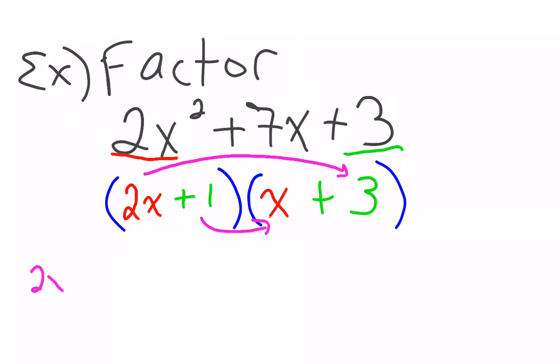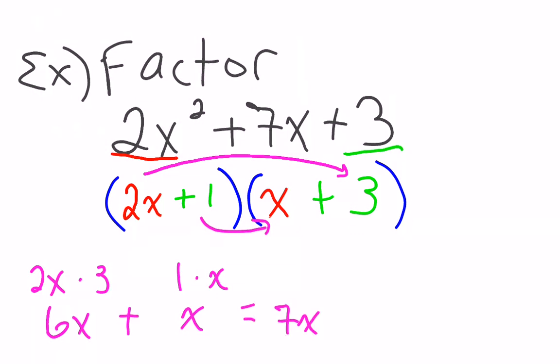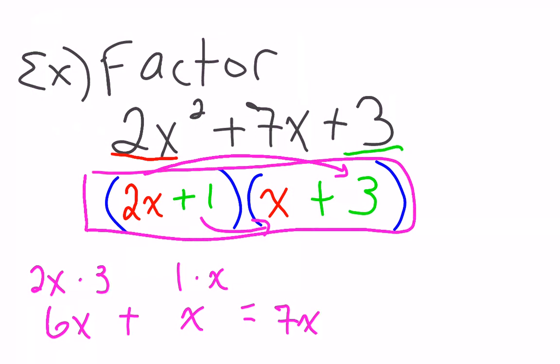So we have 2x times 3, and we have 1 times x. 2x times 3 is 6x. 1 times x is x, and if I add those together, I do get the 7x. So our answer is 2x plus 1 times x plus 3.